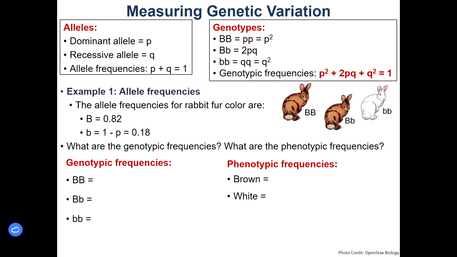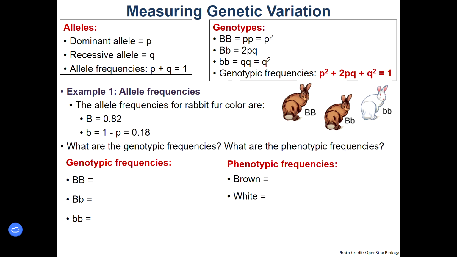So here we want to figure out the homozygous dominant. How are we going to figure out our homozygous dominant genotype frequency? Somebody other than Savannah. Almost.